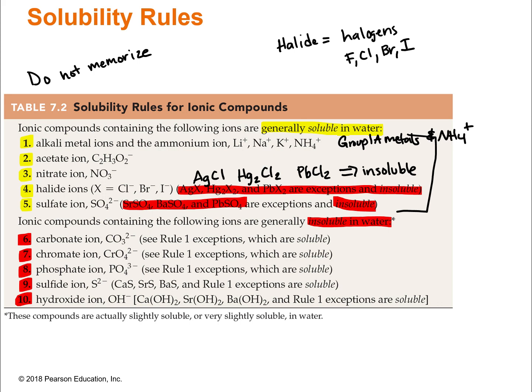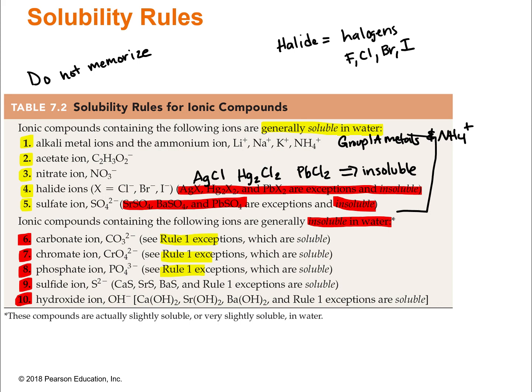Anytime you see carbonate, chromate, or phosphate, it's very likely going to be insoluble. The only exceptions are Rule 1 exceptions, which means Group 1A metals and ammonium. All those are going to be soluble. Anything outside of that, not.